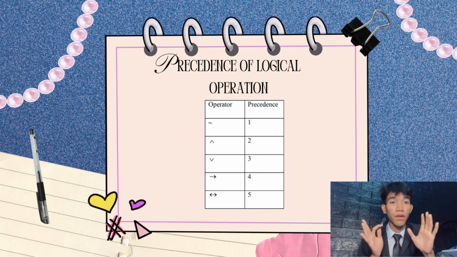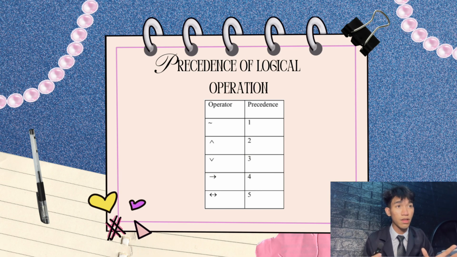So this is another logical equivalence. To solve any logical implication, we should refer to the precedence of logical operations. For any operator that has a higher precedence value, we should prioritize it first. I mean, we should solve it first, and then solve the other operators that have lower precedence value.